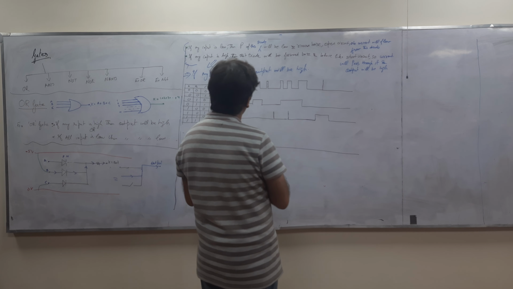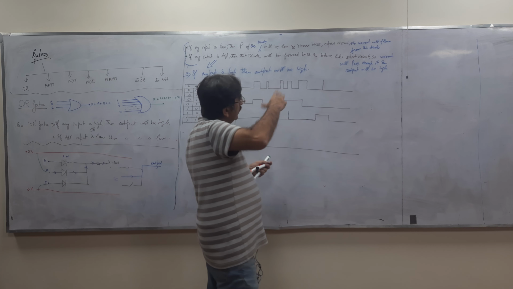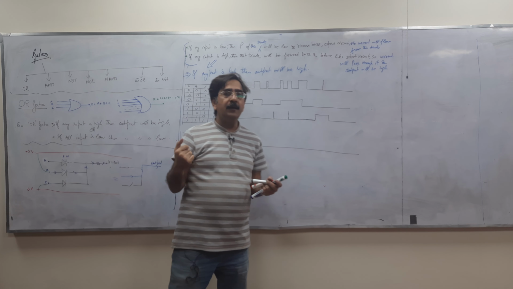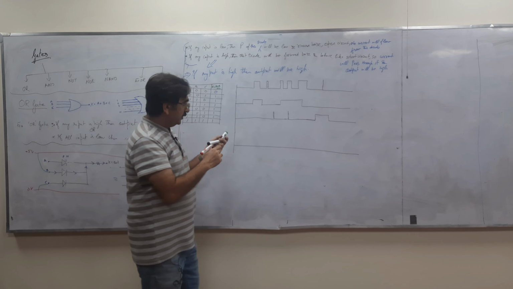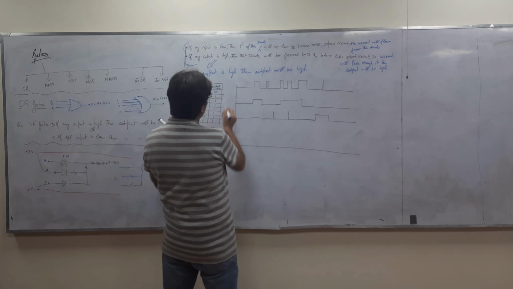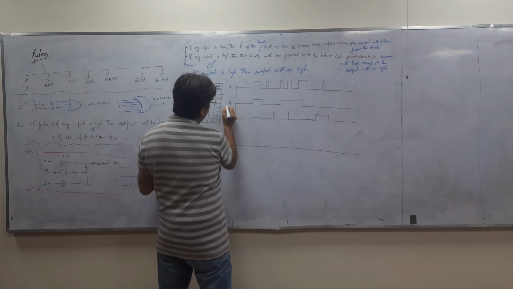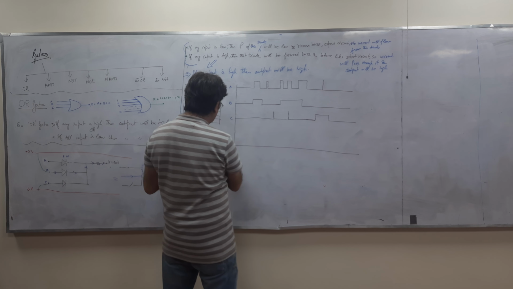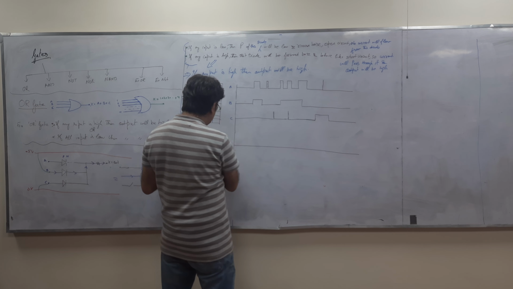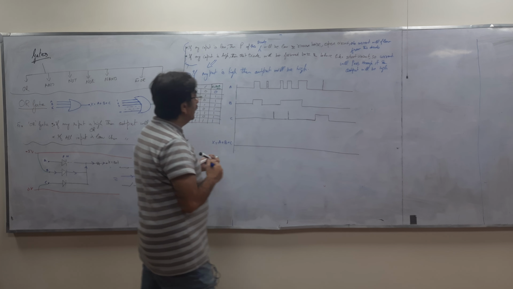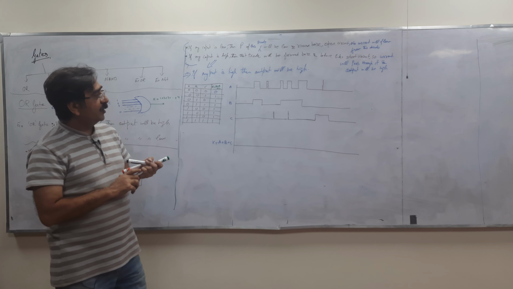What will be the value of output? If any input is high, these A, B, C are the 3 inputs, and this is X, that is A plus B plus C. If any input is high, then output will be high.